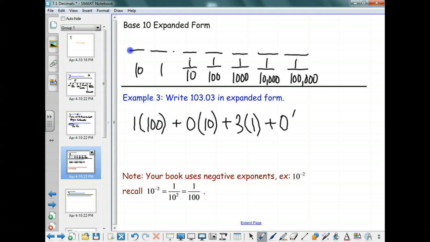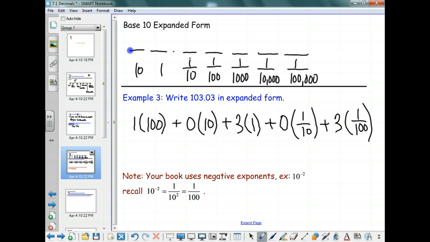The next one's another 0, but it's 0 what? Times 1/10, because it's 0 tenths. And then the last one is 3 times 1/100, 3 hundredths.